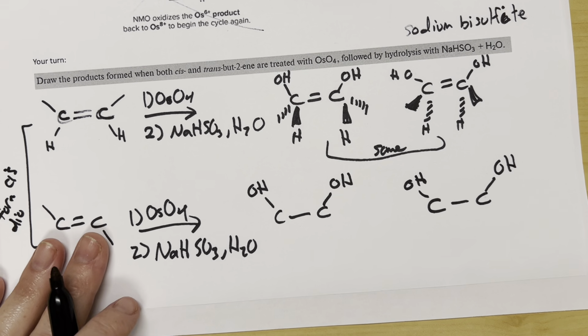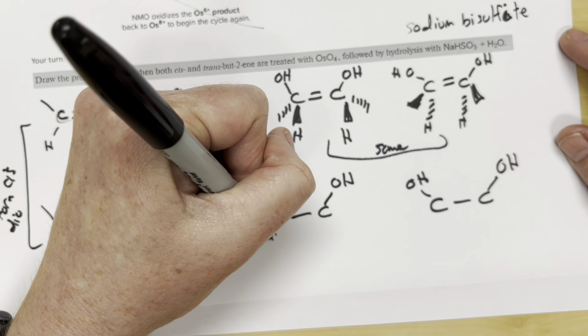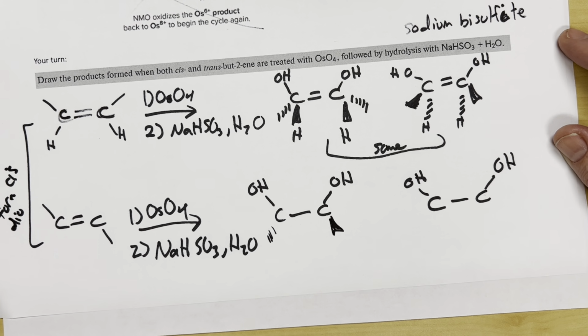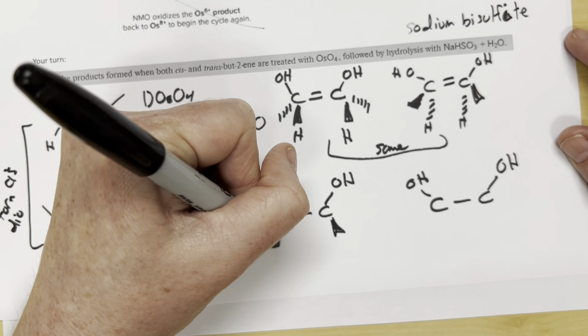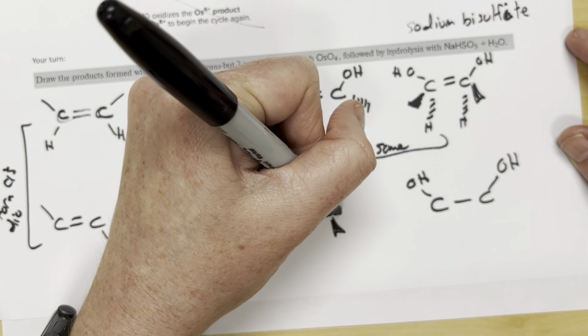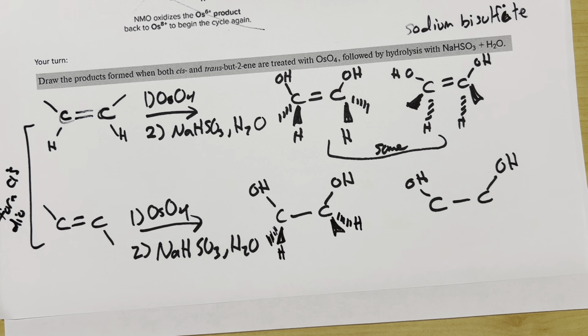You started off with trans, so your methyl groups are going to be the trans things in this situation. Maybe one will be on a dash and one will be on a wedge here, in which case your hydrogen would be on a wedge and your hydrogen on a dash over here, and you'll have the exact opposite over here.